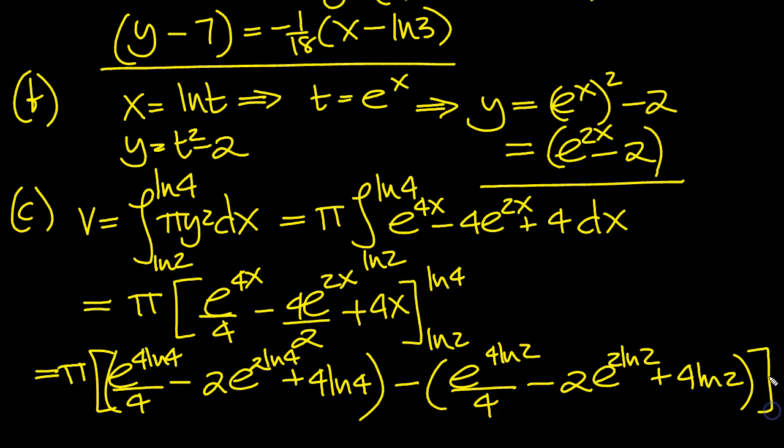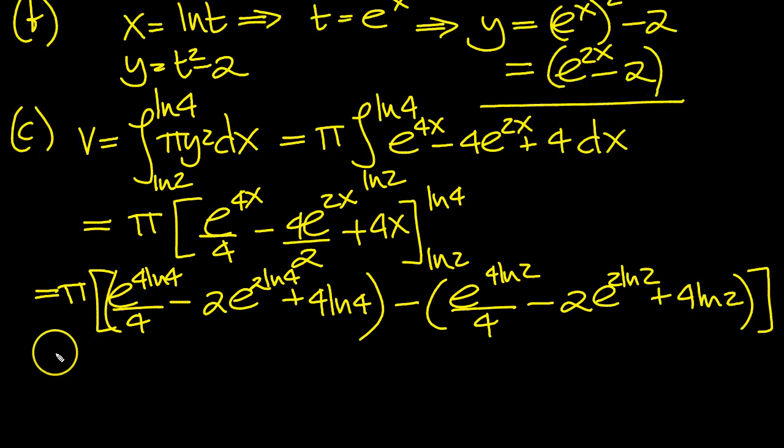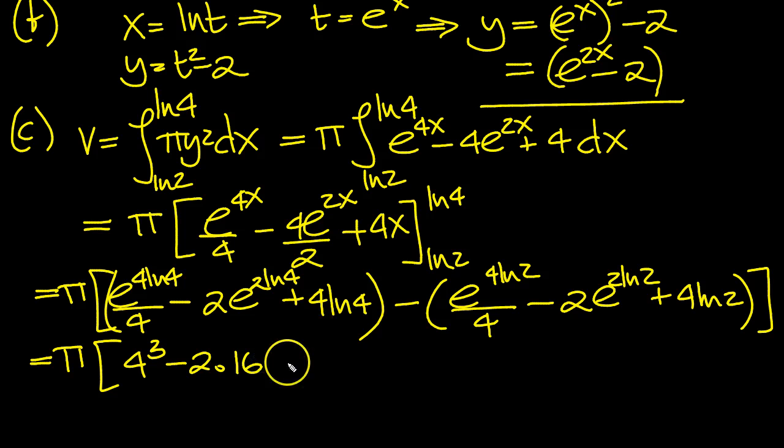Close the square bracket, so that's equal to pi. Now this 4 can be moved out of the way to become 4 to the power 4, and then the e and the log cancel each other out, so just 4 to the 4 over 4 is 4 cubed, minus 2 lots of, again the 2 can come out of the way to be 4 squared, so e to the log cancels, we get 4 squared, which is 16, plus the 4 log 4, so there's the top values.